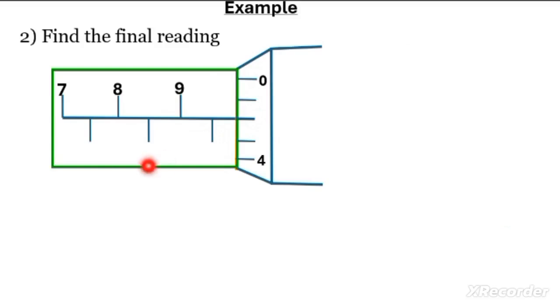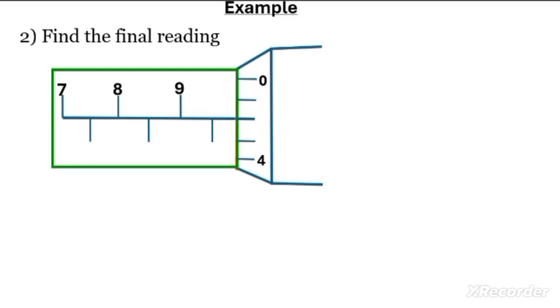This is our main scale. This is our sleeve scale, or linear scale. This is our thimble scale, or circular scale. Like we did in the previous question, even here we are going to identify the mark on the main scale.